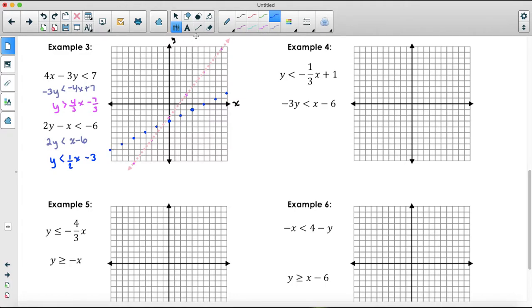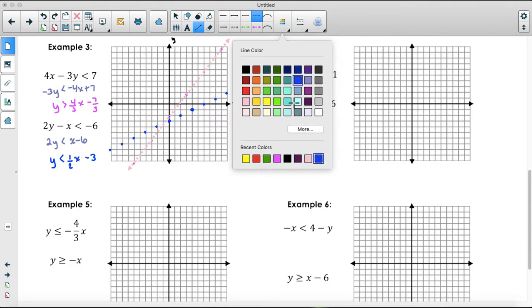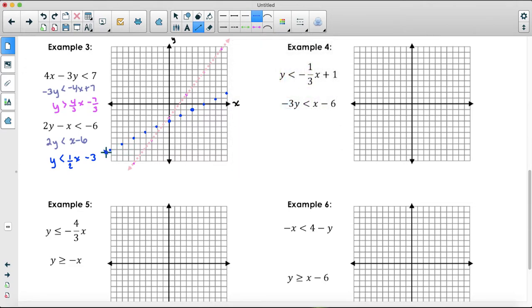And this one will also be a dotted line, in blue. The reason it's dotted is because this is just a less than and not equal to.